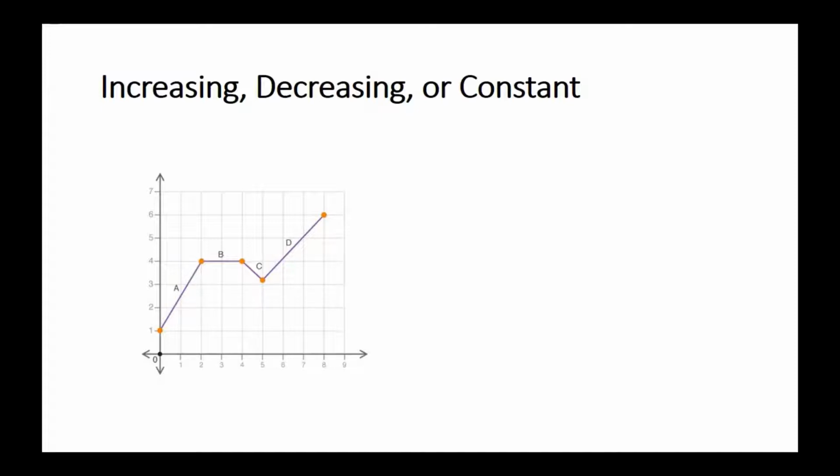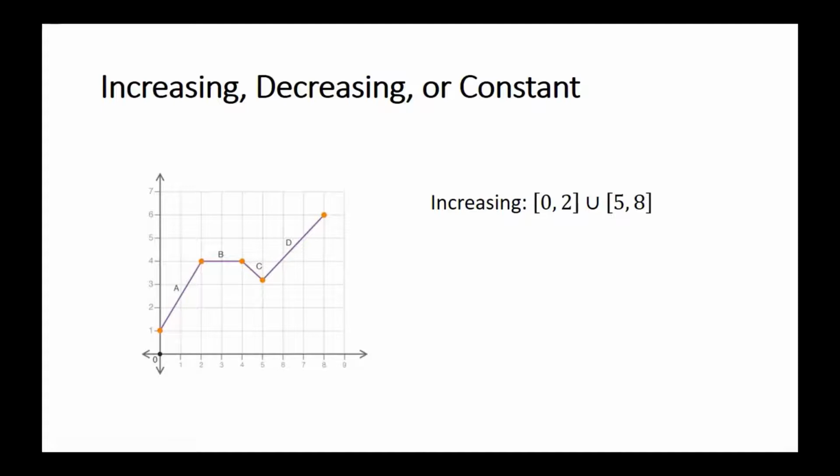So where is it increasing? Well, we see that from x equal to 0 to x equal to 2, y is increasing. So on the interval from 0 inclusive to 2 inclusive, the function is increasing. We also see that from point C on, I guess from x equal to 5 to x equal to 8, it's also increasing.